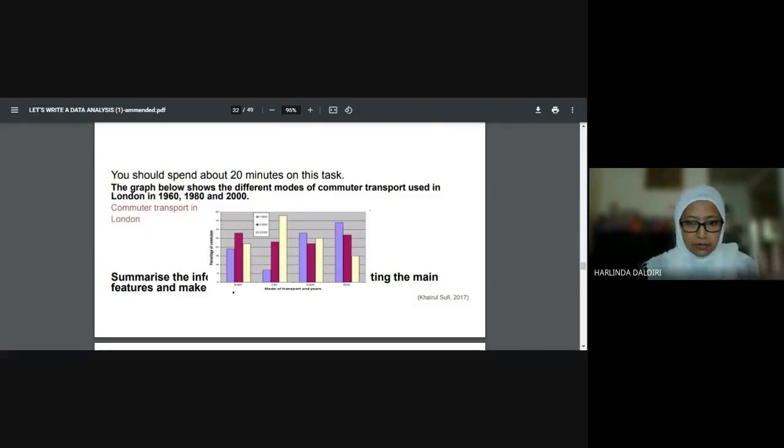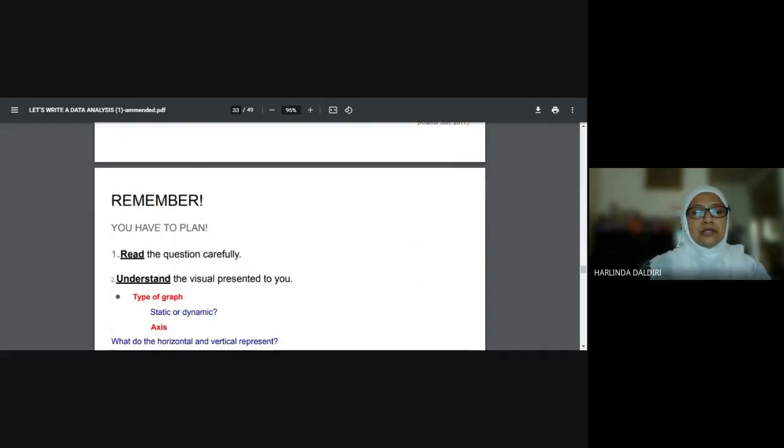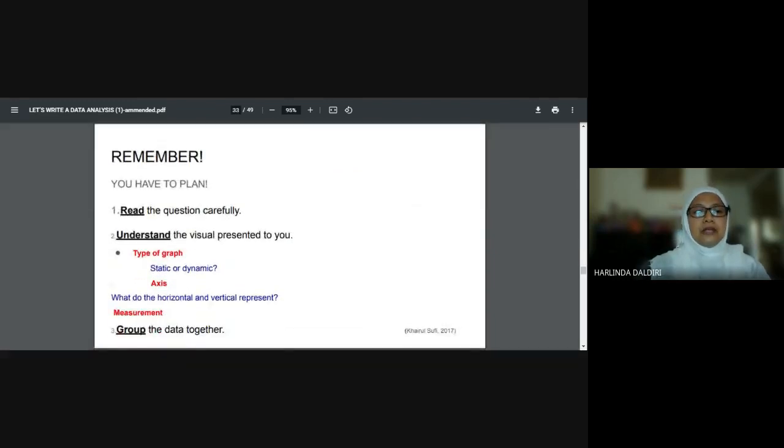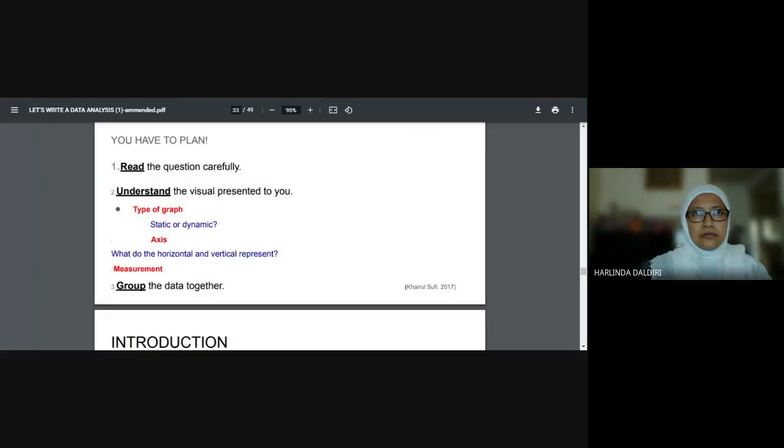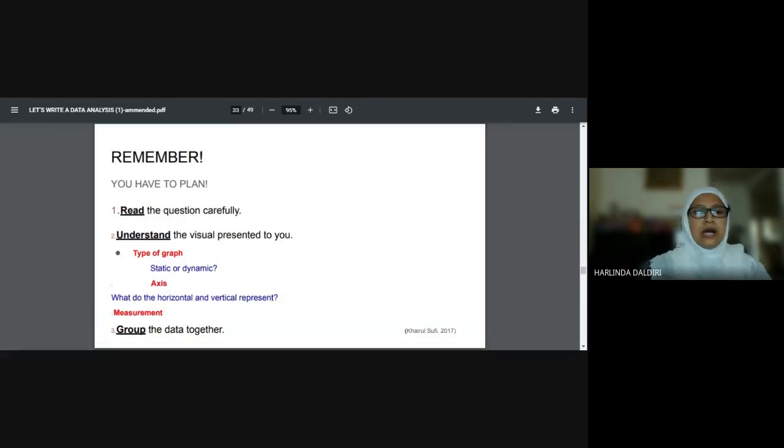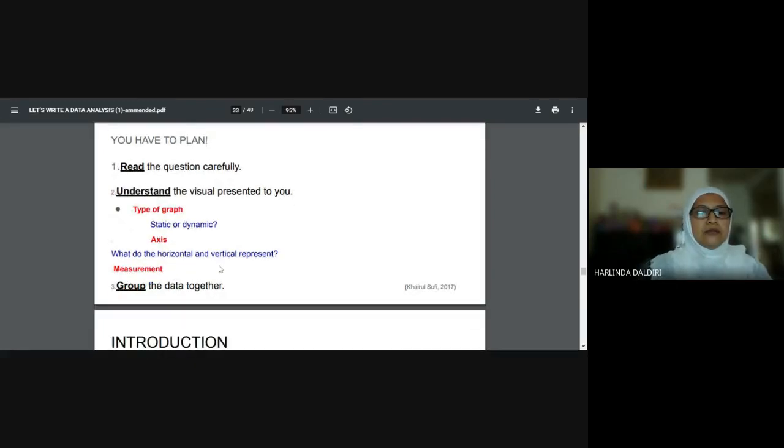When you receive your paper, it's going to be online, but when you read the question, make sure you read carefully and you understand what type of graph or chart you are given. Understand the visual presented to you, the type of graph, static or dynamic, and the axis, what the horizontal and vertical represent.